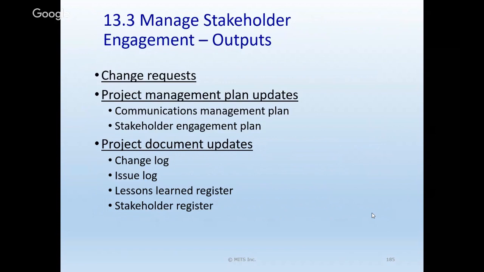updates to the documents and the change log, lessons learned register, stakeholder register in particular. Maybe issue log too. I think I mentioned that issue log in my world was a little bit different than the way they define it, but it's part of what they define. So the issue log might have those big problems, big risk, this project's going to be delayed because the supplier is late. Well, that'd be an issue to have and to work through and have an owner to resolve it.